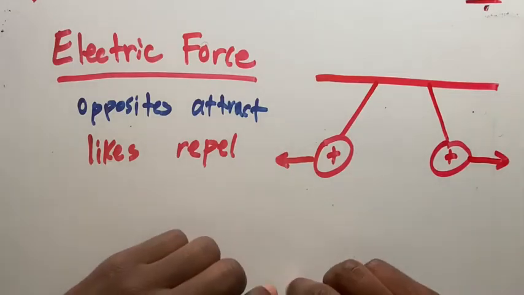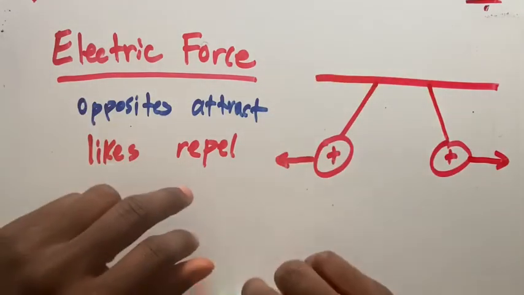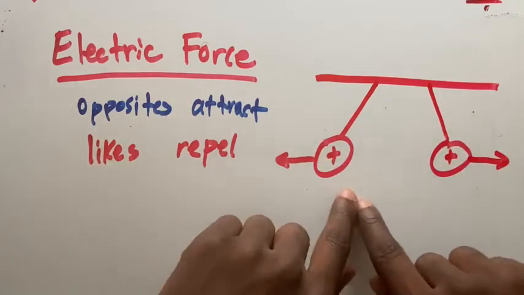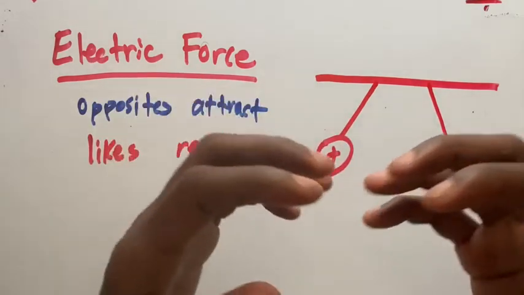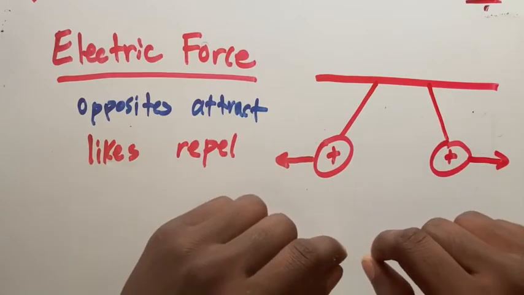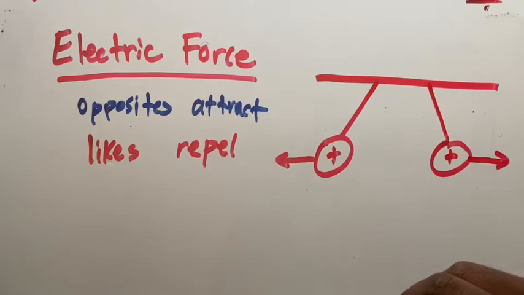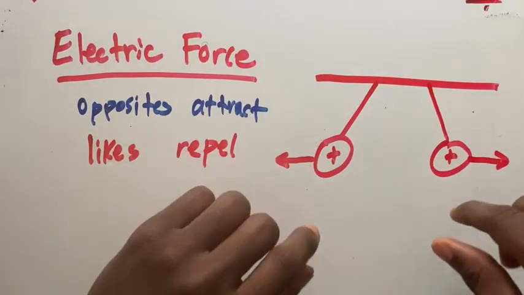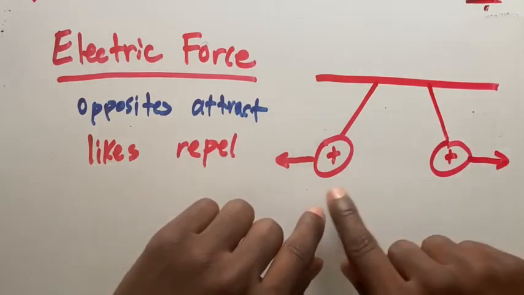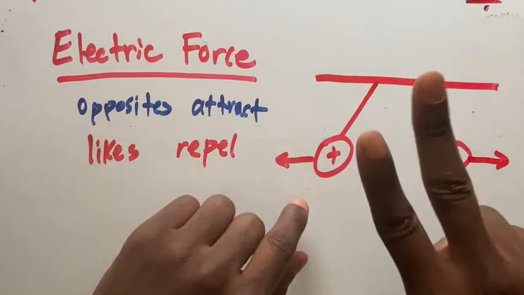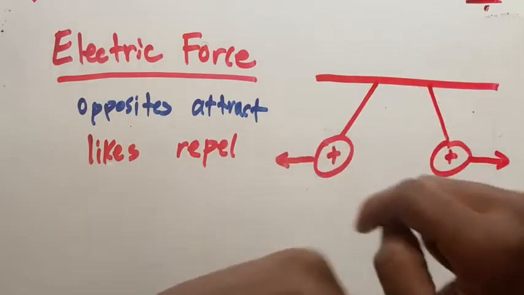Now, again, force we know is an interaction, right? So basically these two objects are interacting with each other through what we call their electric field, which I'll talk about in a moment. But basically that one interaction is given by two forces in opposite directions.